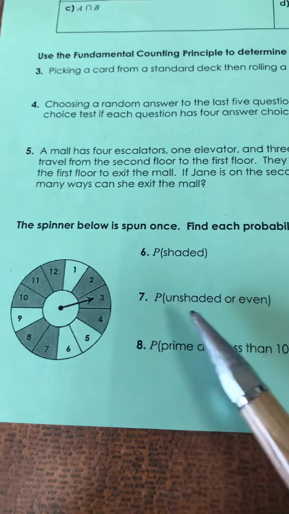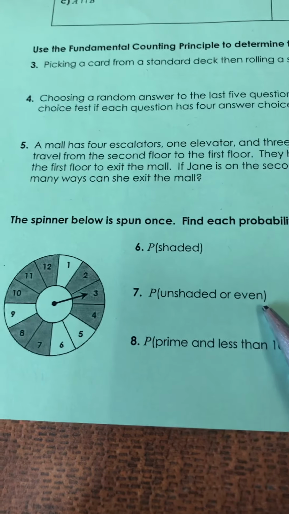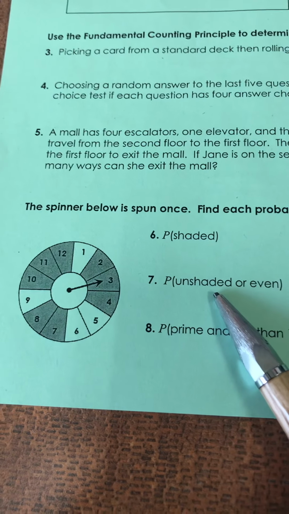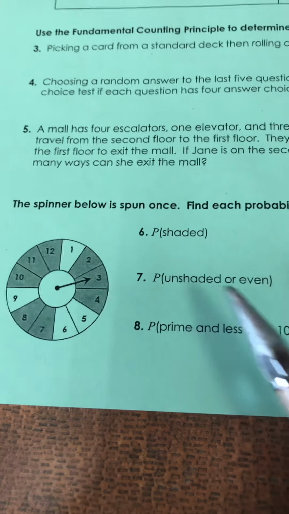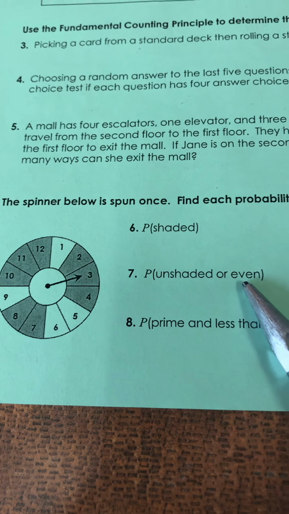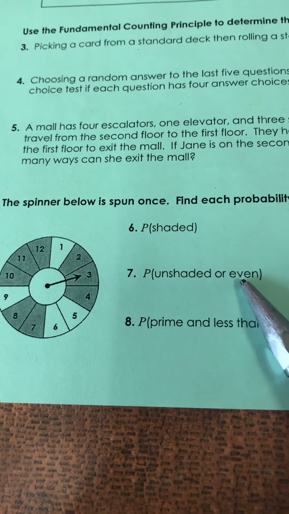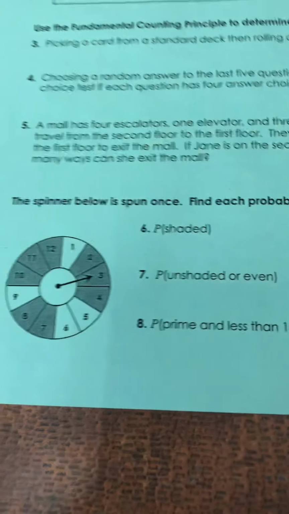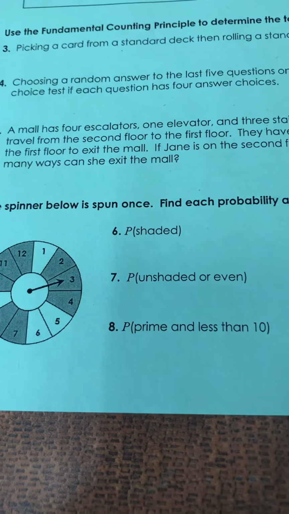Number 7, unshaded or even. This is going to be a union. Count up all the unshaded, and then count up all the even. Put them together and put that over how many spaces there are, and you're going to want to reduce that fraction.